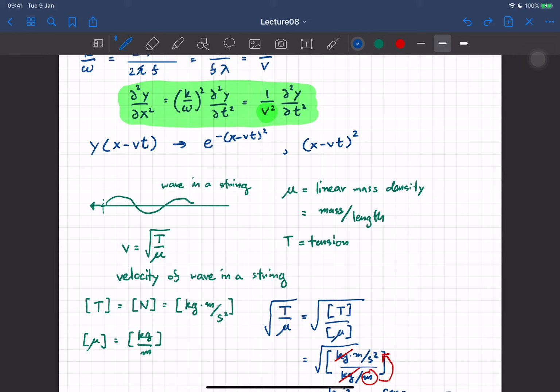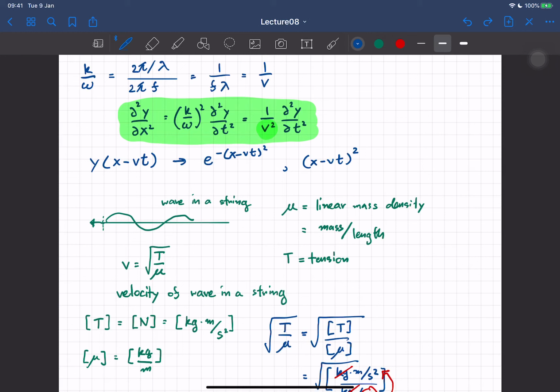But you're gonna see, if not in this course, maybe in another course, that electromagnetic wave also satisfies this form. So instead of y, which is the displacement of the string, we might talk about electric field or magnetic field, right?